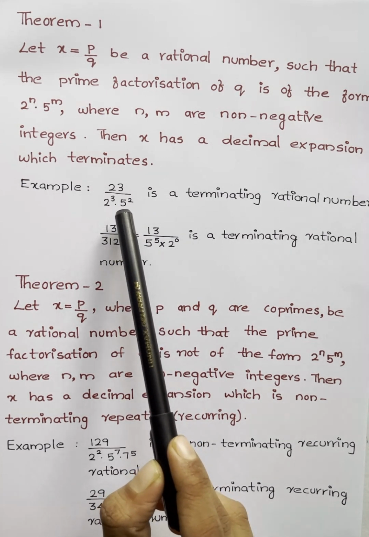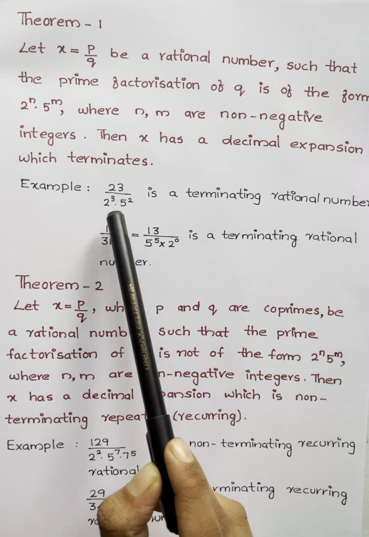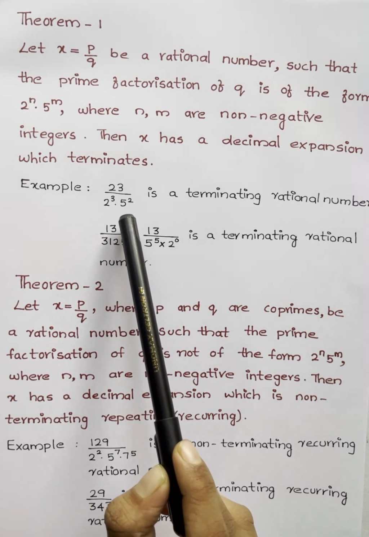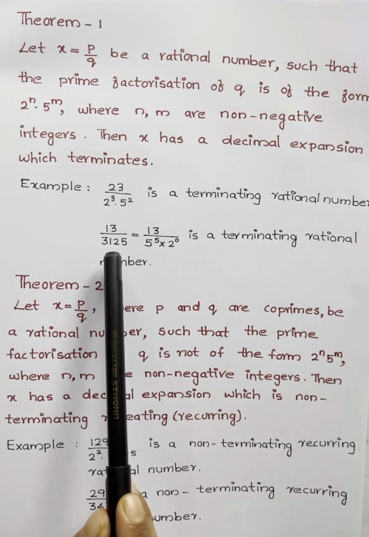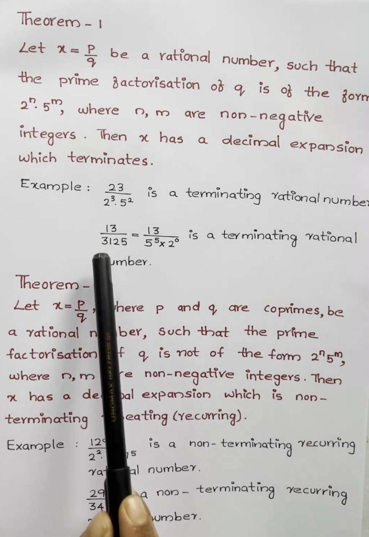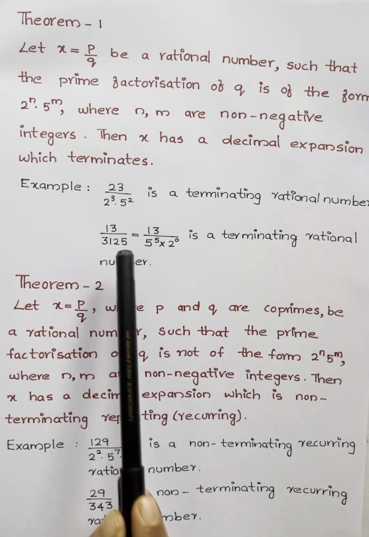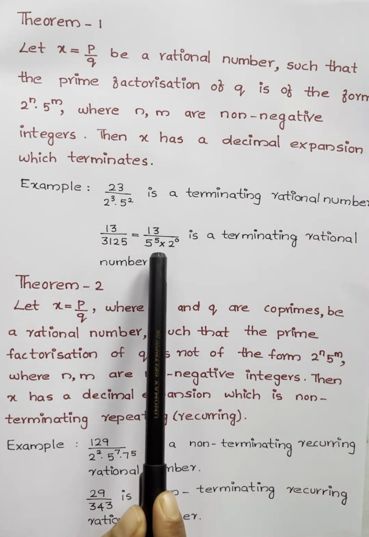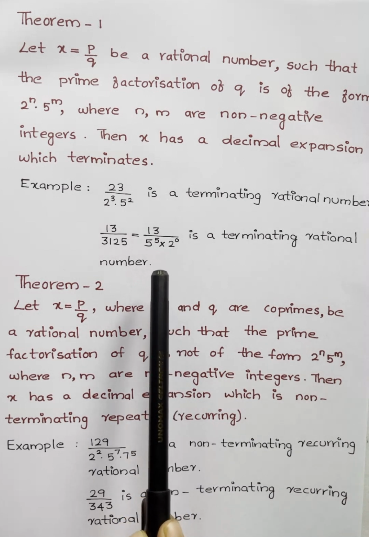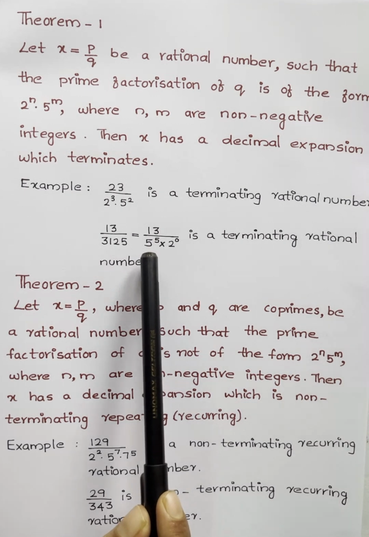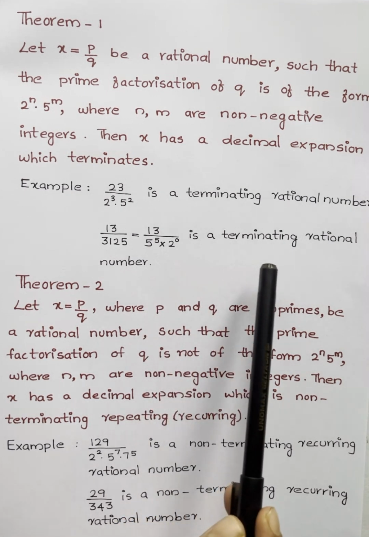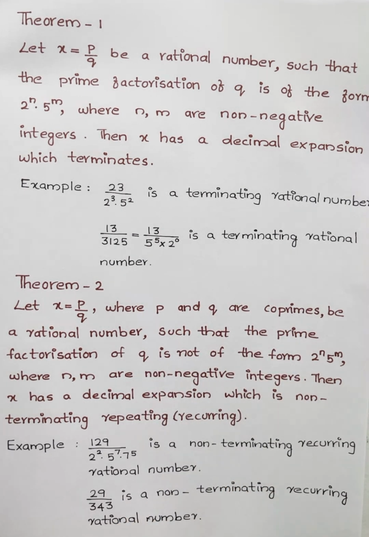Here, the denominator is in the form of 2 raised to n into 5 raised to m. Therefore, this is a terminating rational number. Next example is 13 divided by 3125. We can write 3125 as 5 raised to 5 into 2 raised to 0. The denominator is in the form of 2 raised to n into 5 raised to m. Therefore, this is a terminating rational number.